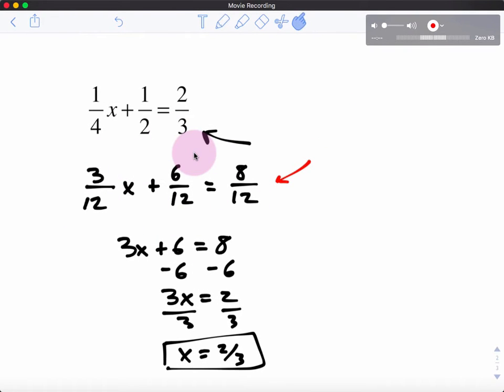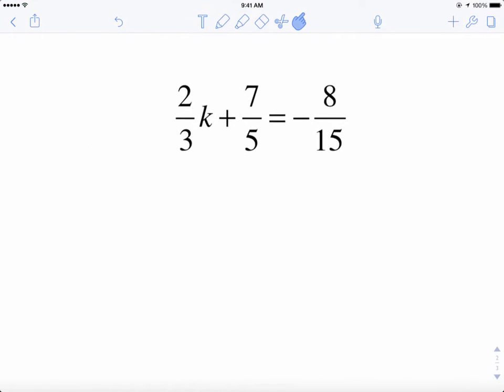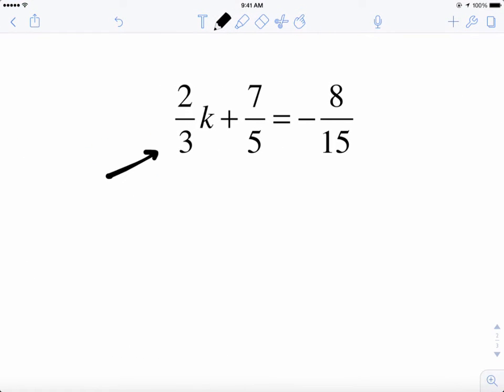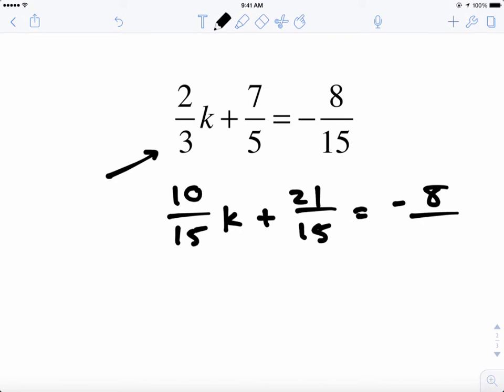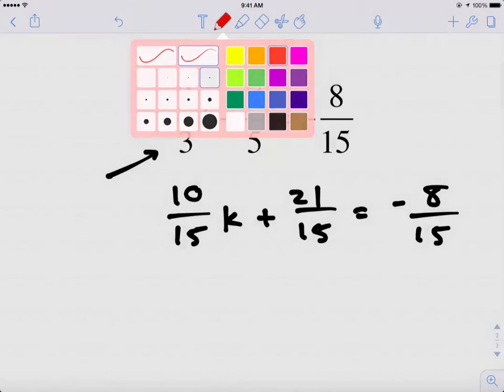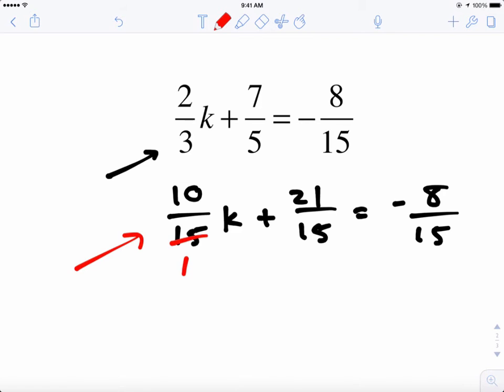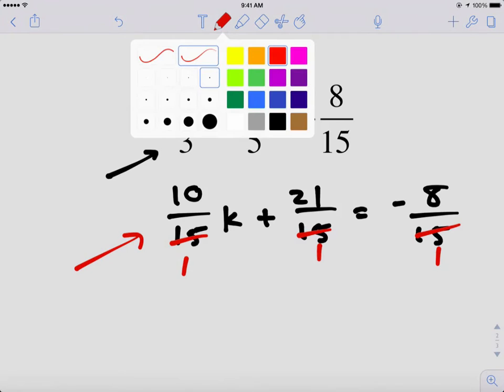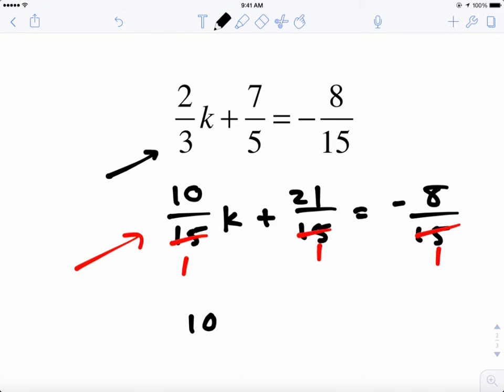Same idea over here. Might as well rewrite all of these having 15 as their denominator, so 10/15 times k plus 21/15 equals negative 8/15. Boom. If you multiply both sides of this equation by 15, all of these denominators will simplify to 1. You end up with 10 times k plus 21 equals negative 8.